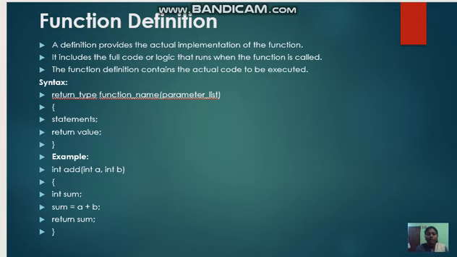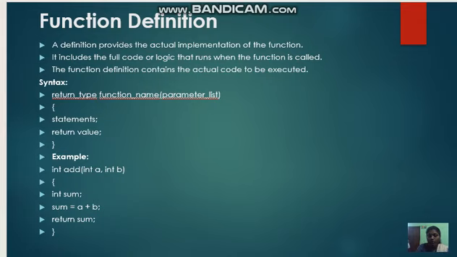And the next thing is the example. So here I am going to get the value as an integer, so I have given int, then I have given the name of the function, then the two parameters of the function, that is int a comma int b. So two parameters I am going to use, that I have given here.